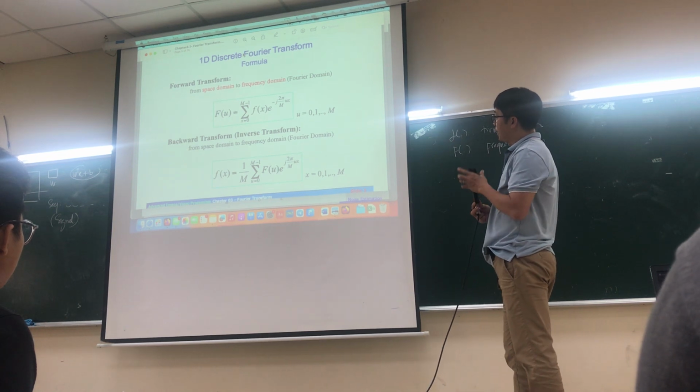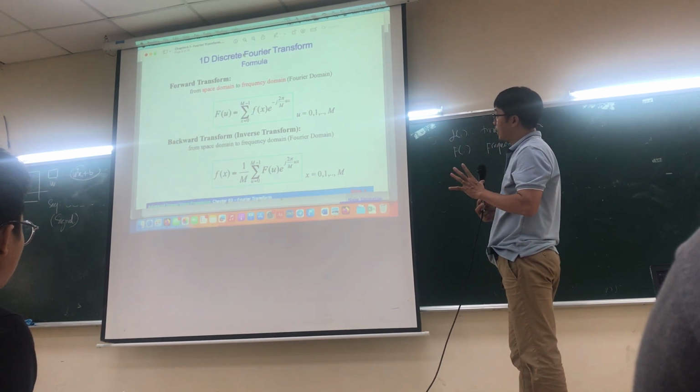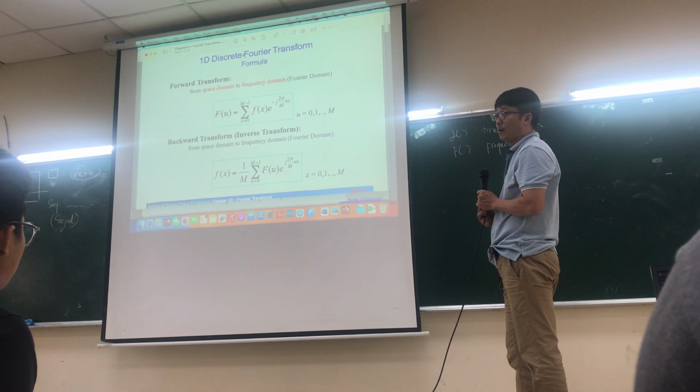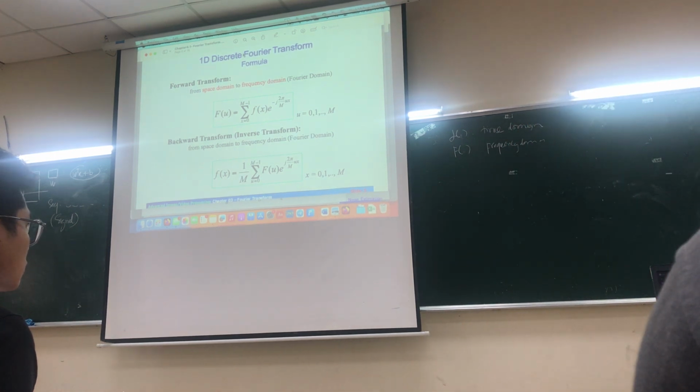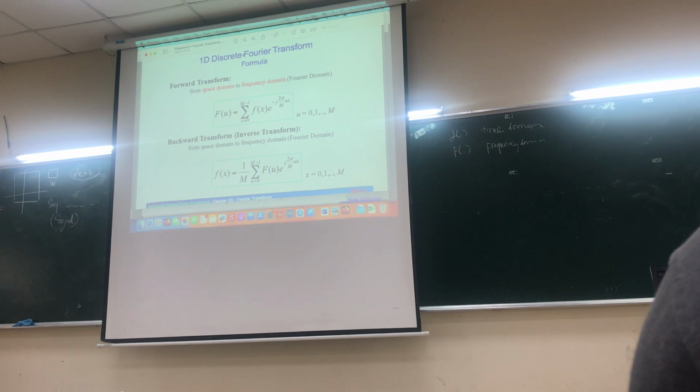And this equation here is related to complex numbers. Okay, I will review a bit about complex numbers. Do you know the complex number a plus jb? That is a point on the plane, right?